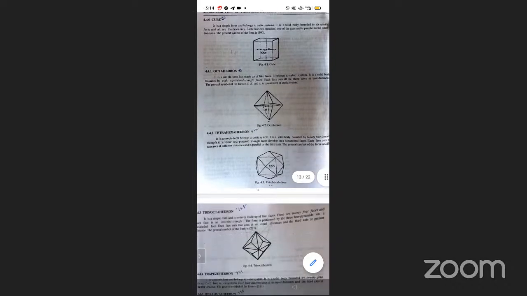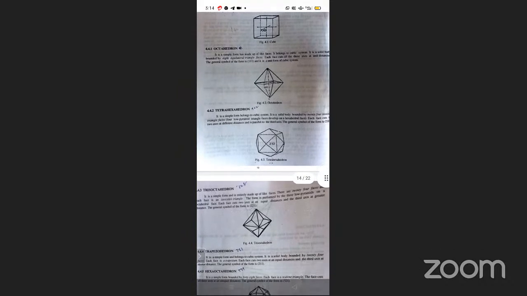Next one is the dodecahedron. The dodecahedron has 12 faces, and we call it by another name, the rhombic dodecahedron. It occurs alone in a crystal, and its faces are rhomb shaped.